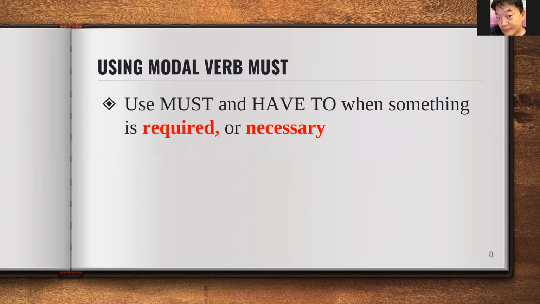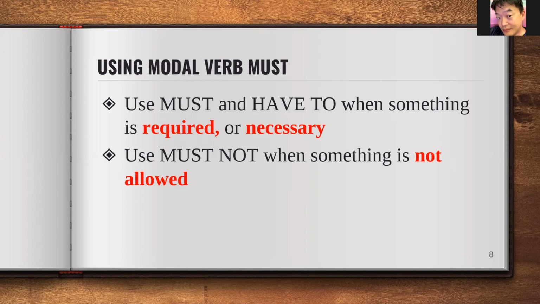It's the same thing. You use it when you want to express the idea of something is required or something is necessary. Now, you have to be careful when you are using the negative, because then the meaning for must and have to change a little bit. For example, must not, you use when something is not allowed.